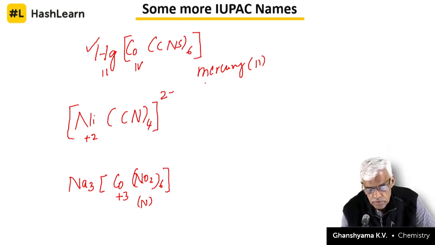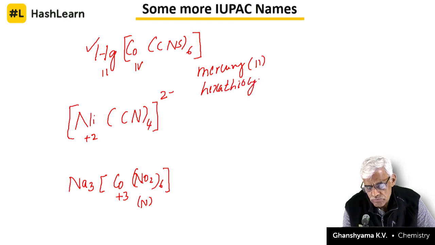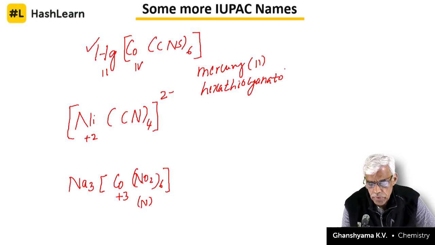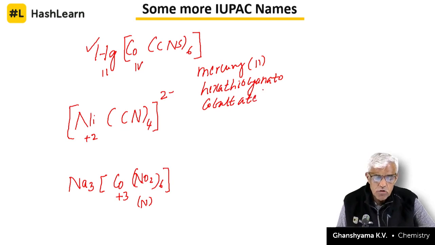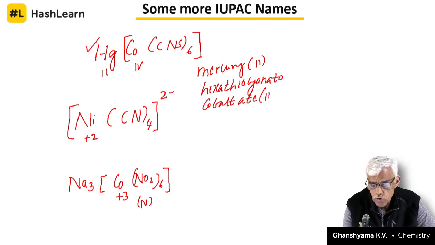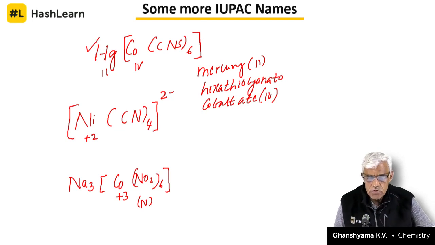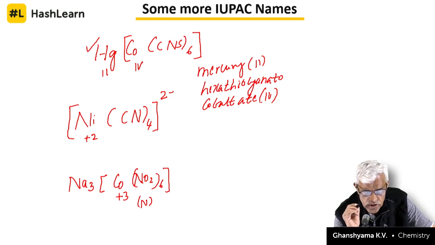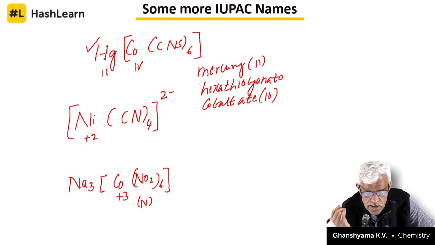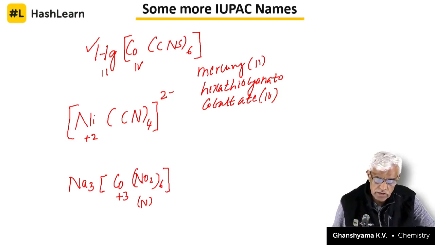This is hexathiocyanato cobaltate, hexacyanido cobaltate 4. See the difference? Mercury 2. If it is potassium, sodium, etc., it is not necessary to write that.